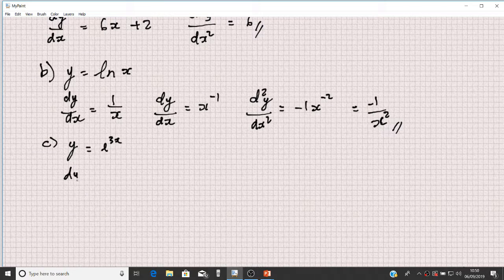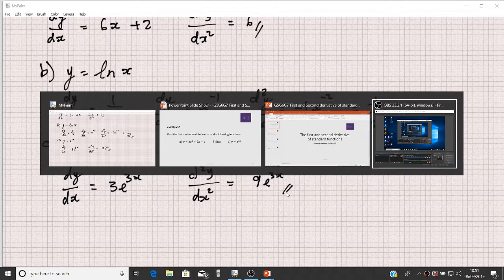So dy/dx equals 3 times e to the power of 3x, which means the second derivative, d2y/dx squared, equals 9, that's 3 times 3, e to the 3x, and that's example c. We just have one more to do in this video, and we'll take a look at example 3.